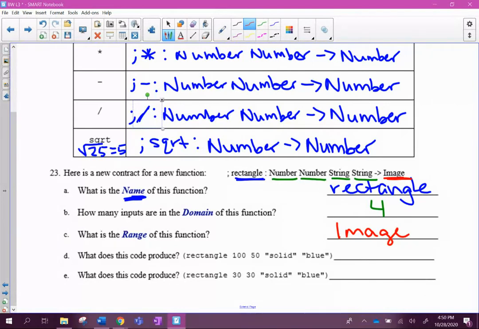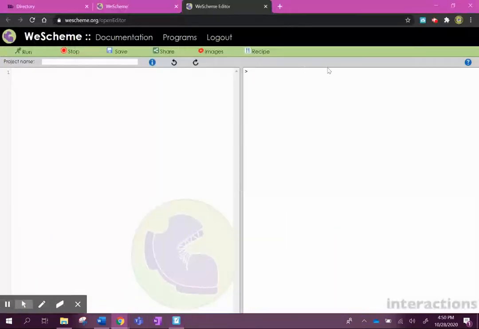Okay. So what does this code produce? What do we think it's going to produce? Rectangle 150 solid blue. What if we type that into WeScheme? So if I go into my coding program, over here we have rectangle, oops, caps is on.